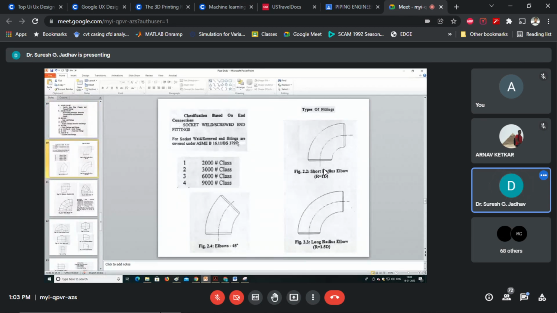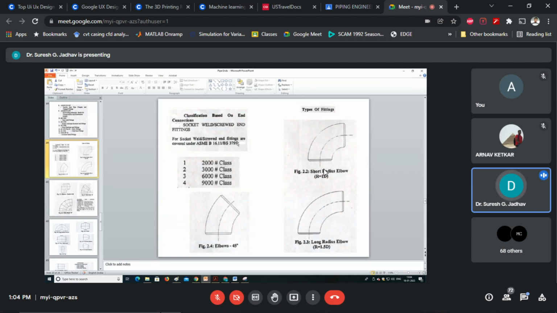That is the forged carbon steels as per ASTM A105, ASTM A181, forged carbon steel for general purpose. Another material is forged alloy steel and stainless steel as per ASTM A182.